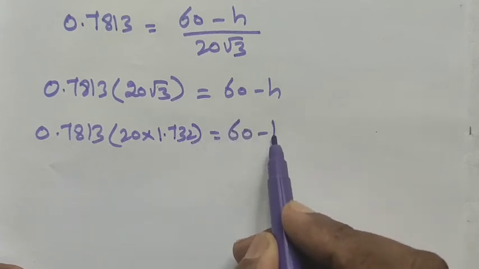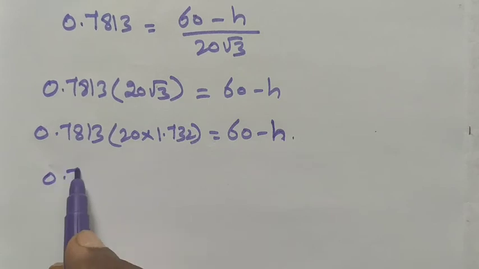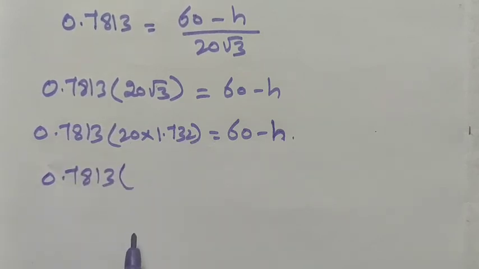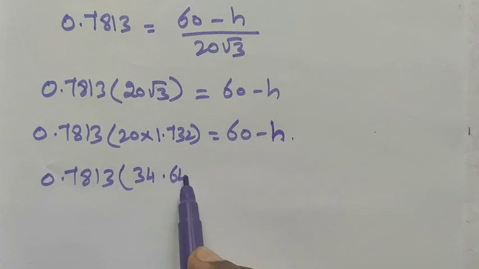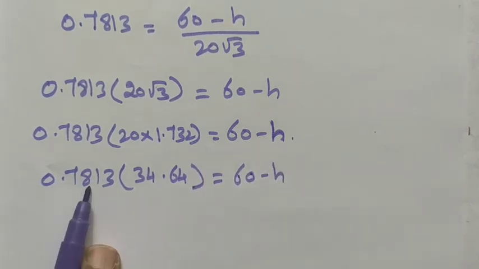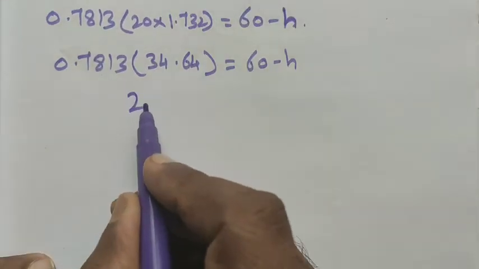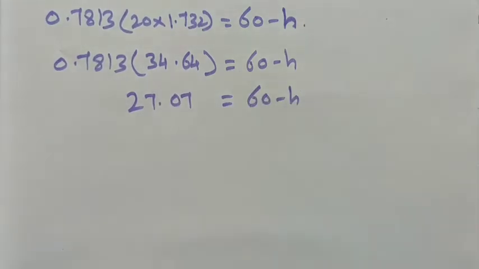Multiplying 20 into 1.732, we get 34.640, and multiplying this with 0.7813, we get 27.07, which is equal to 60 minus H.